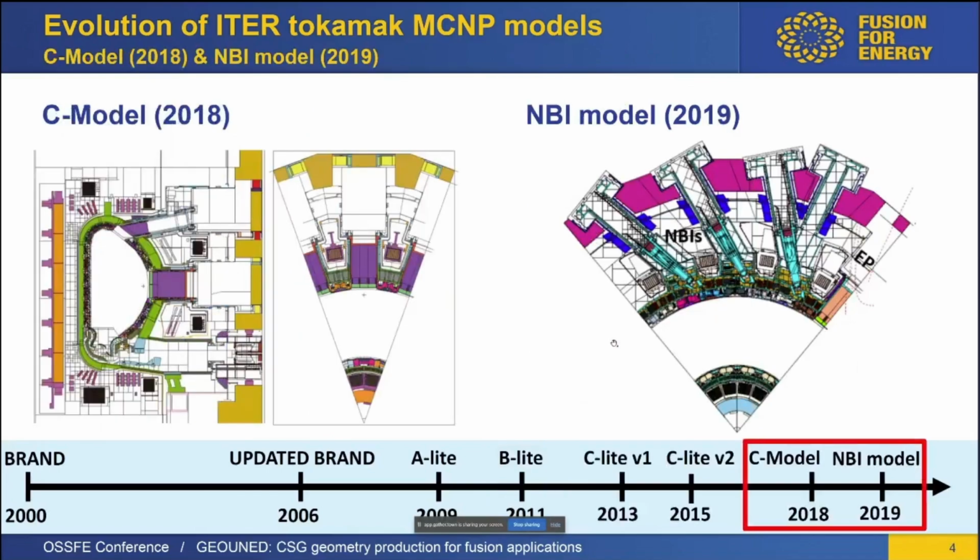Then, of course, almost 10 years later, in 2018 and 19, we got even more complex models. So this was a so-called C model, as you can see here, and this was the NBI model, the 80-degree model, just representing the NBI sector, or the so-called irregular sector of the ITER machine.